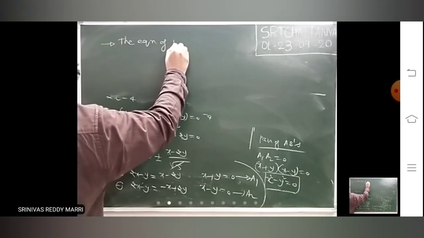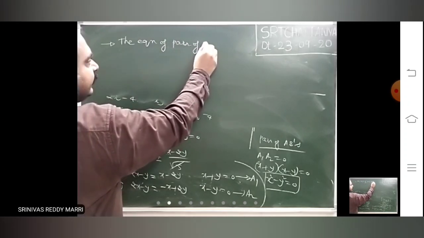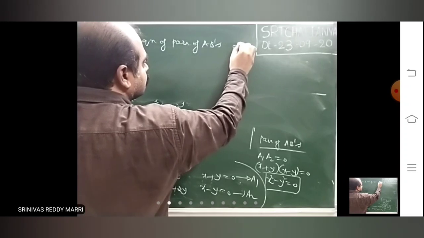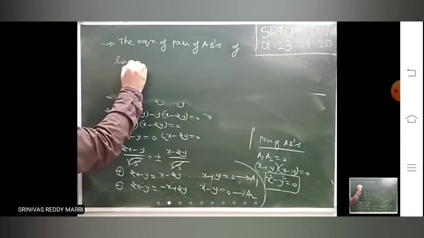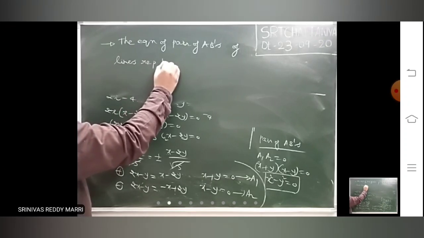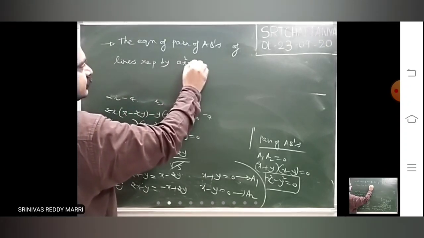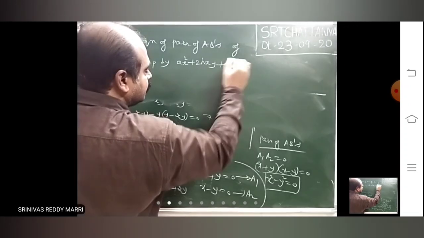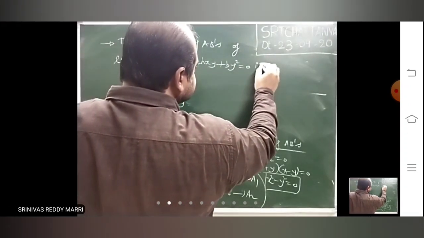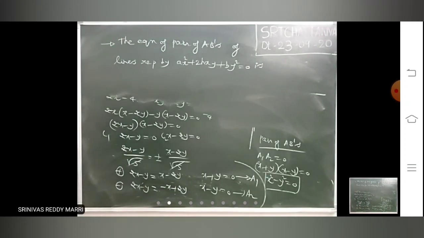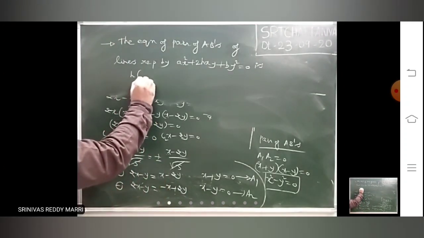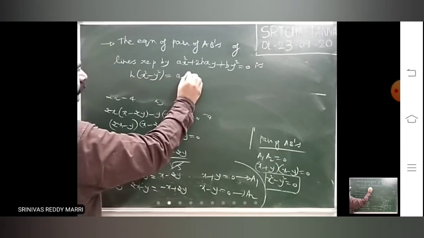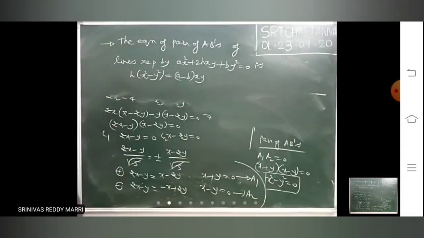The equation of pair of angular bisectors of lines represented by ax square plus 2hxy plus by square equal to 0 is: h into x square minus y square equal to a minus b into xy.